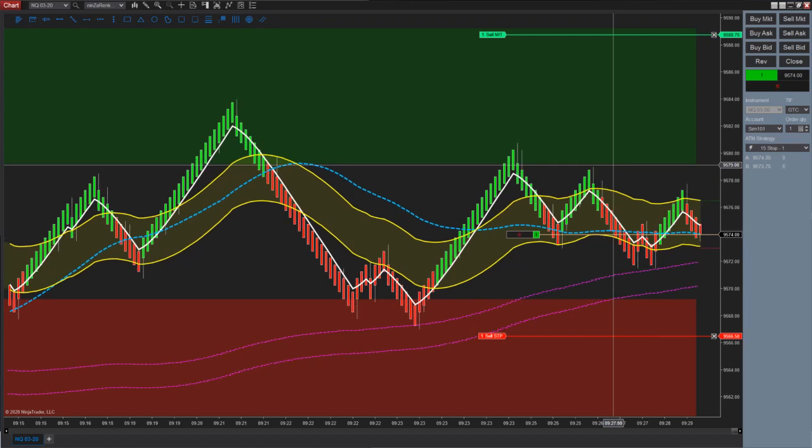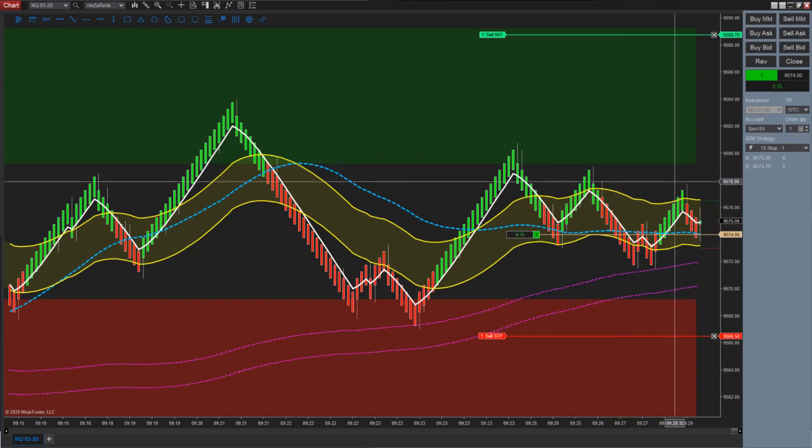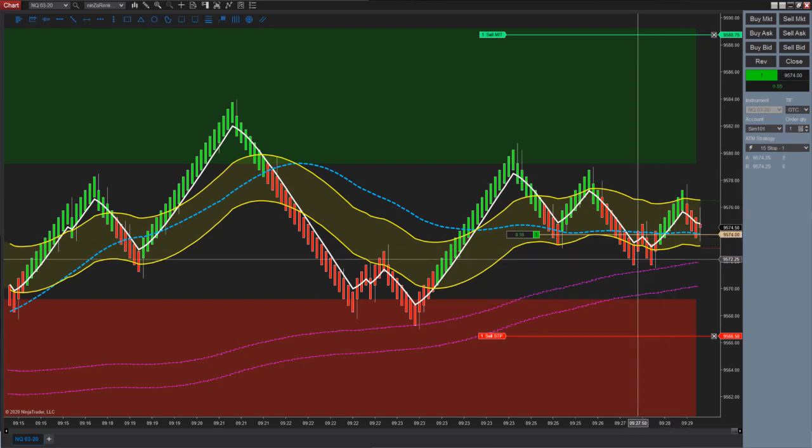Depends on the day. Okay, they're pulling back. Alright, now this high needs to be broken. If they break this low, I wouldn't like it.